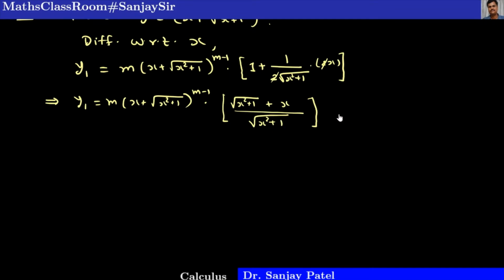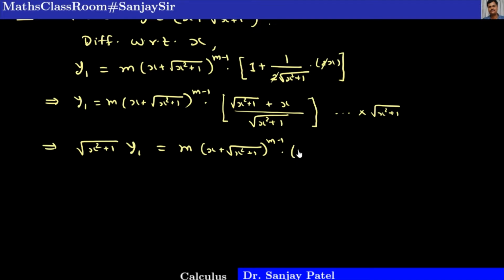Now multiplying this by square root of x square plus 1, we get square root of x square plus 1 into y1 is equal to m times, now we have 2 terms, (x plus square root of x square plus 1) raised to m minus 1 into (x plus square root of x square plus 1).